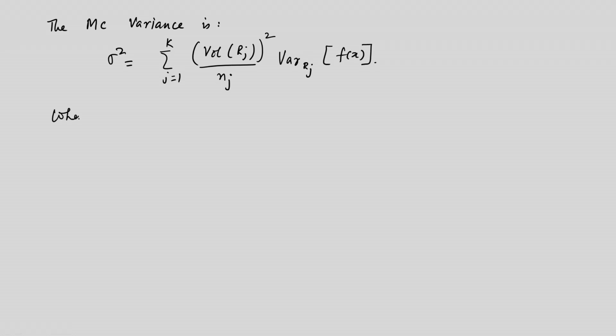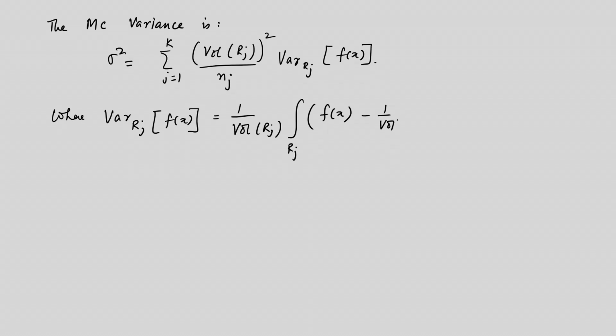Where this variance of the Rjth subspace for the integrand is equal to 1 by the volume of Rj, and then of course, the usual variance that we talk about, the integral over Rj of f squared p x dx, minus 1 by the volume of Rj times the integral over Rj of f x p x dx, whole square.